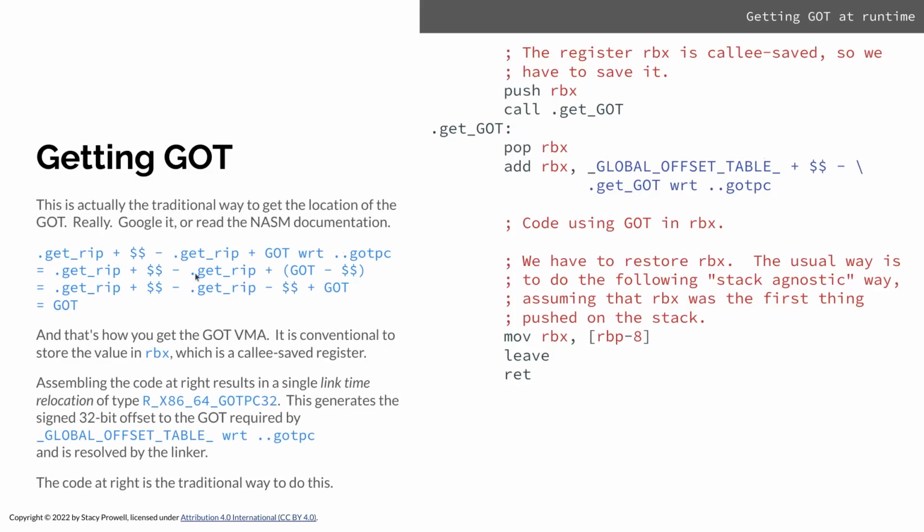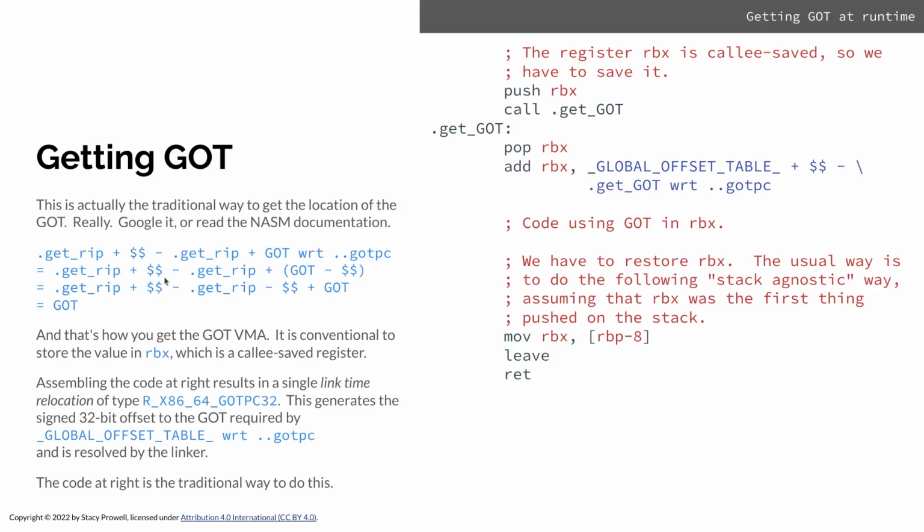This line is this first line right here, right? It's getRIP, which is in RBX, plus $ minus getRIP, right? Plus GOT with respect to GOT PC. And there you go. It's this thing.